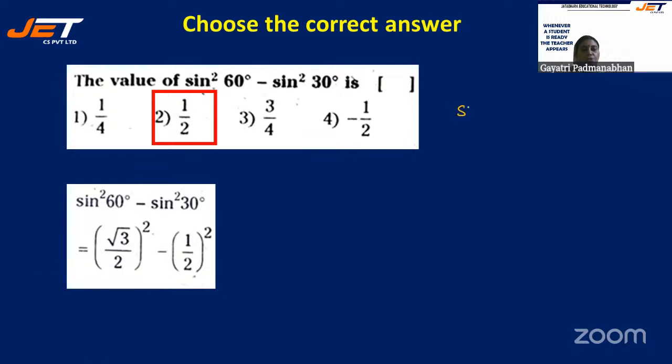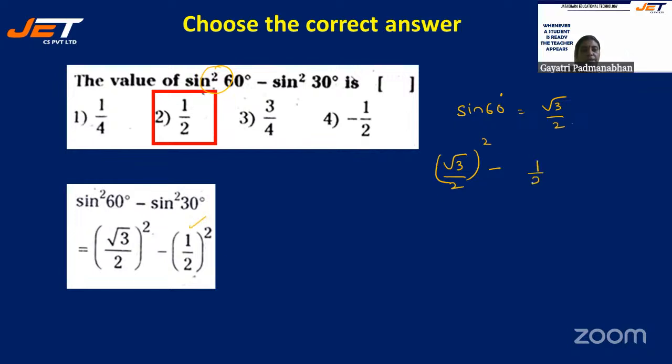Now, first you should know what is sine 60 degree. Sine 60 degree is root 3 by 2, right? So here you have a square. So which means root 3 by 2 the whole square minus what is sine 30? Sine 30 is half.